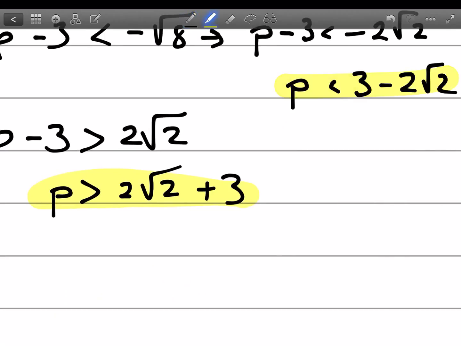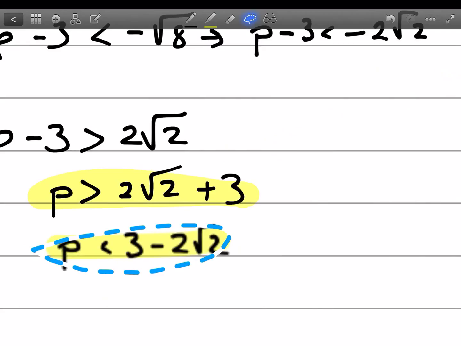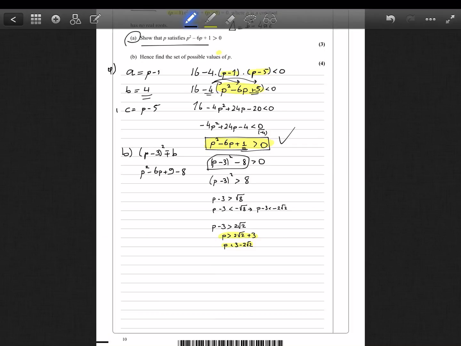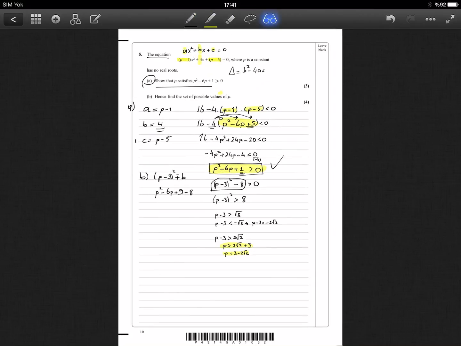These are our solution set here, and that's all. Okay, and part B is finished.